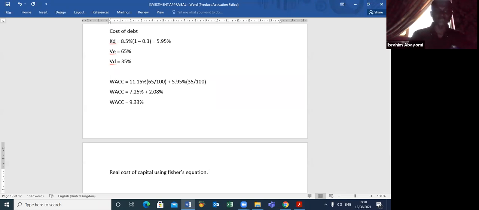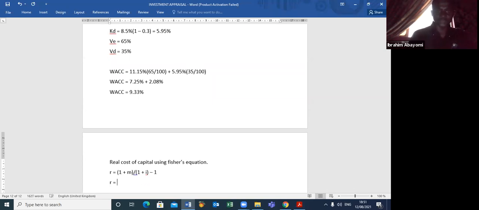So if we use Fisher's equation, we have real cost of capital equal to 1 plus money cost of capital all over 1 plus inflation rate, minus 1.